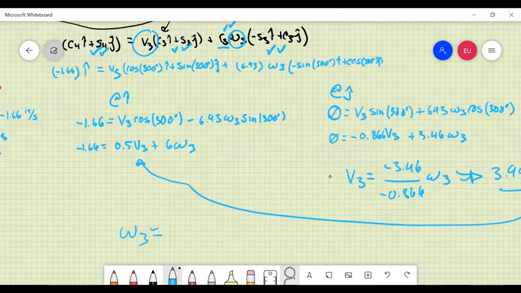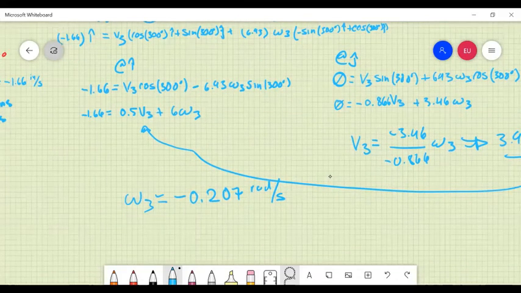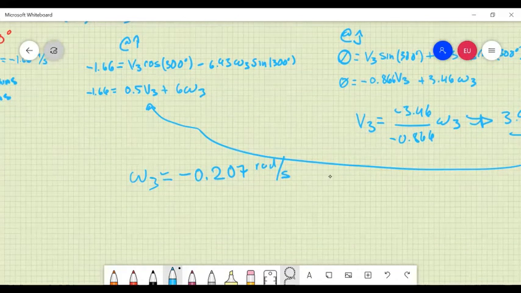And using that, I get an omega 3 of, let me check with Guillermo. Yep, I get an omega 3 of minus 0.207 radians over second, which I'm going to convert already to degrees, because that's the value I'm going to take from SolidWorks.